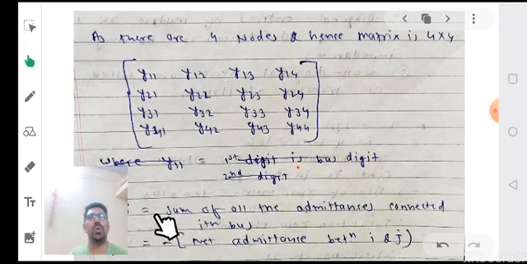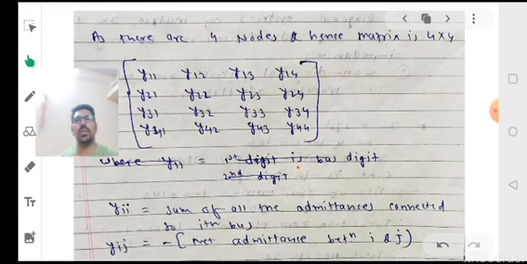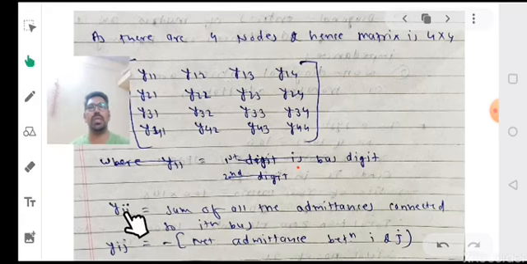How do we calculate the diagonal elements? Yii, that means Y11, Y22, Y33 or Y44, is the sum of all the admittances connected to the ith bus.